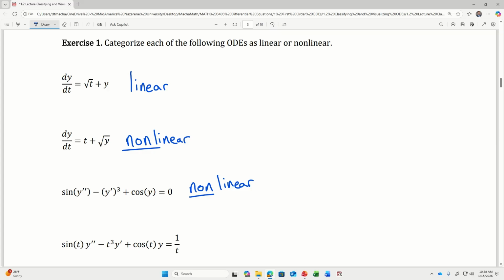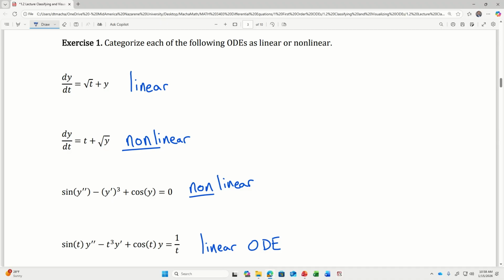Now look at the next equation, the one on the bottom here. Is that linear or non-linear? This one is a linear ODE, because even though I have the same nonlinear functions, I still have sine, I still have t cubed, I still have cosine of t, they're only affecting my independent variable.